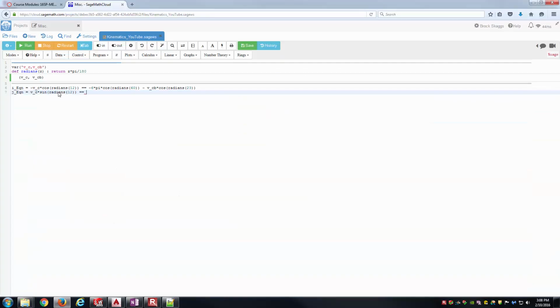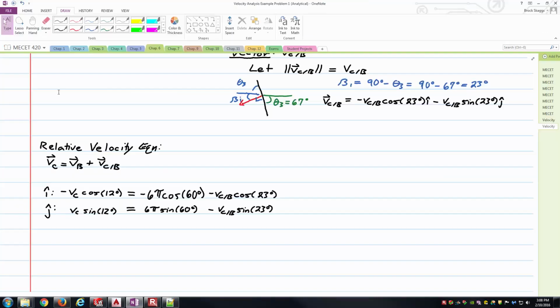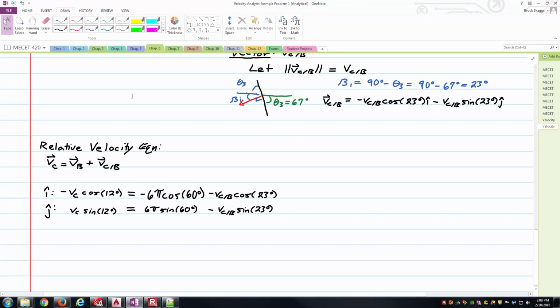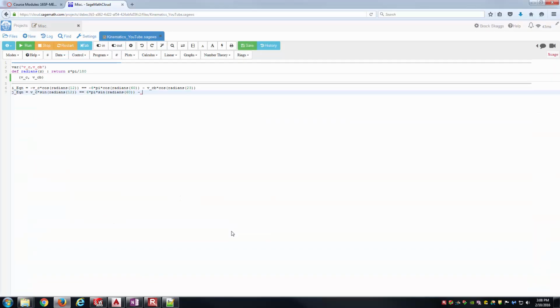And so double equals here because we're not talking about an assignment. 6 pi times the sine of 60, excuse me. And then last we have this term here, negative VC relative to B times the sine of 23 degrees. Negative V underscore CB times the sine of 23 degrees. And again, we're converting everything to radians.